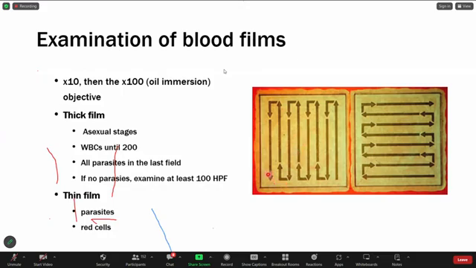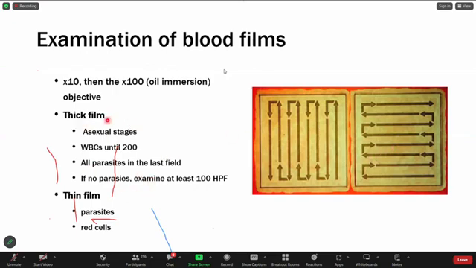If you start your smear from this point here, please go up in that line, then come to the next field like this. You can do it north-south or east-west, but this is the method I can recommend while examining blood films.